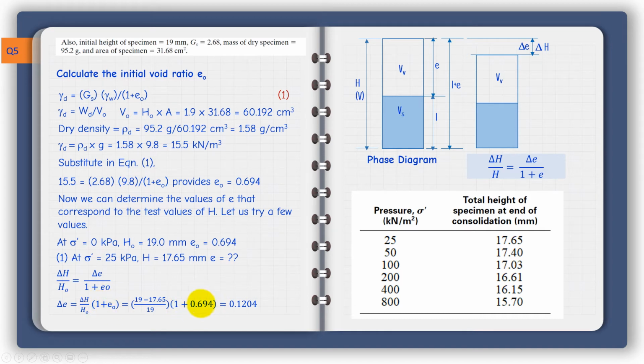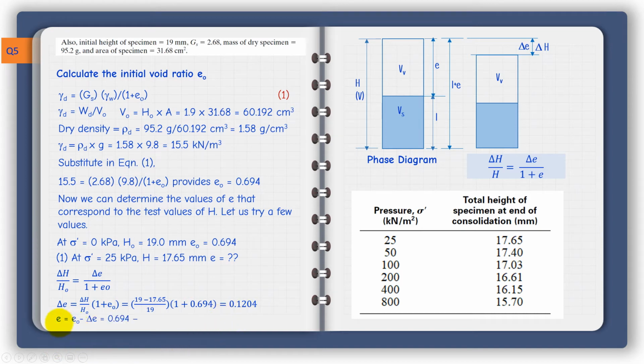This has given me 0.1204, meaning that when I increase the pressure from 0 to 25, this produced a reduction in the void ratio of 0.1204.